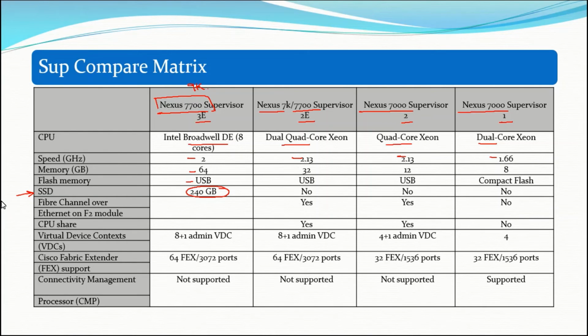And the benefit of SSD storage is that it is much faster than your USB card, memory card. And we can install a lot of things over there, a lot of image files. For example, we are going to upgrade our switch from 6.x to 7.3.